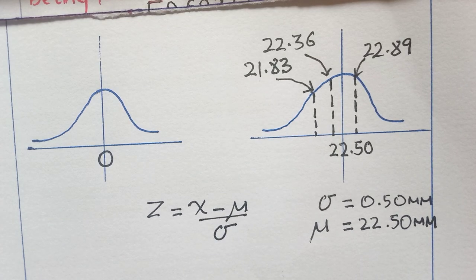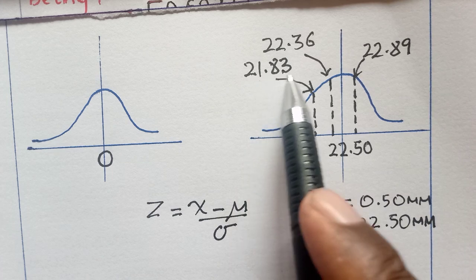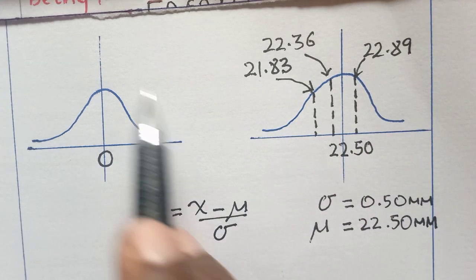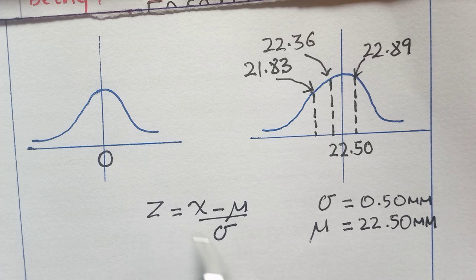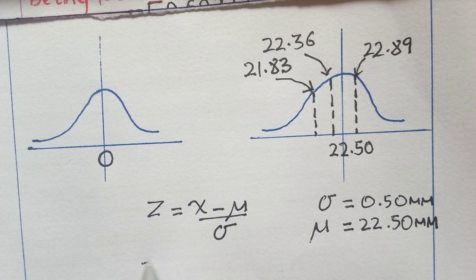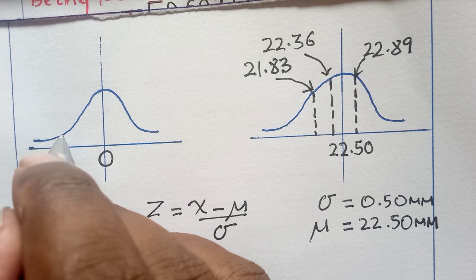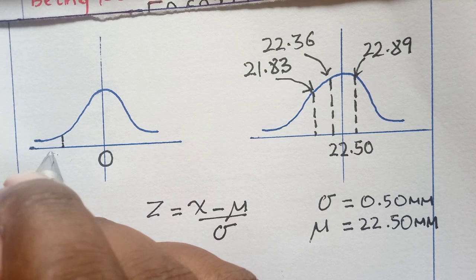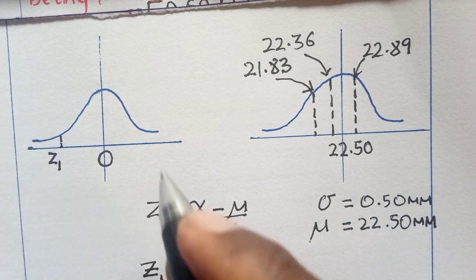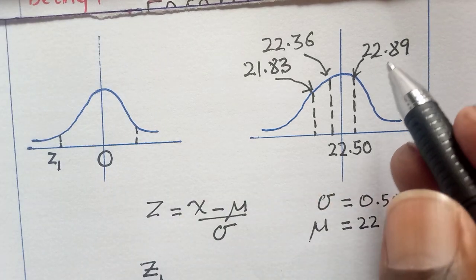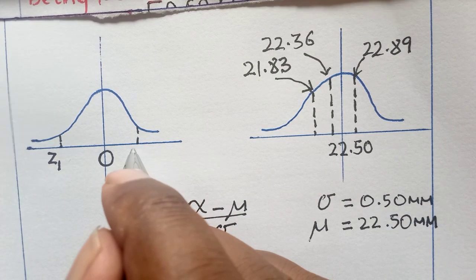So now we are going to convert 21.83 and 22.89 into standardized form. Let's say Z1 is for 21.83, and we call this one Z2, that is for 22.89. So we first go for Z1.